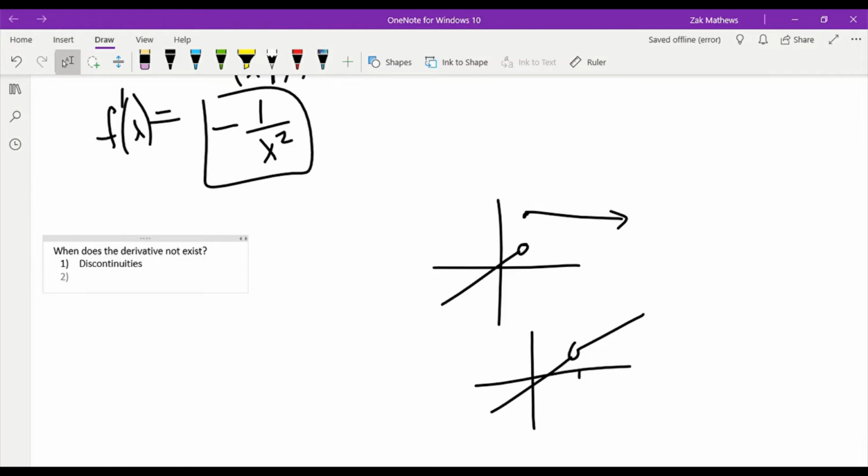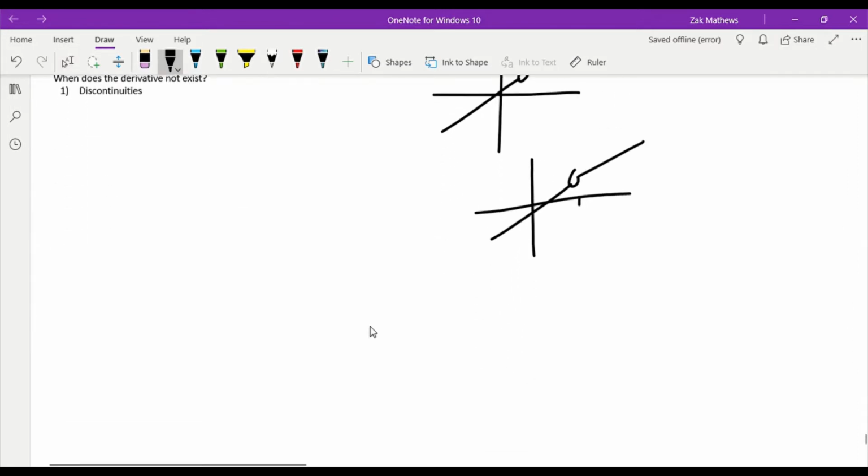Next, we could see that we are reaching infinity. And remember, infinity is an undefined value. So we could have something that looks like this. And right here, at this point right here, just for a second, that became vertical. The slope there became vertical. And so because that became vertical, well, we can't talk about a vertical slope.